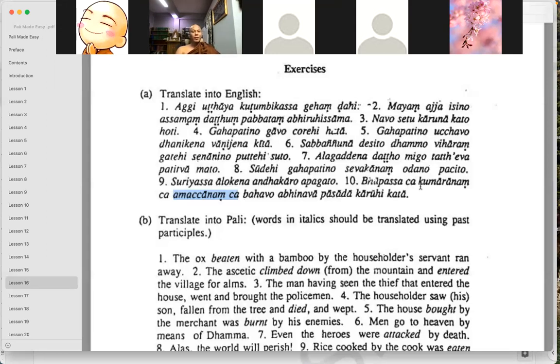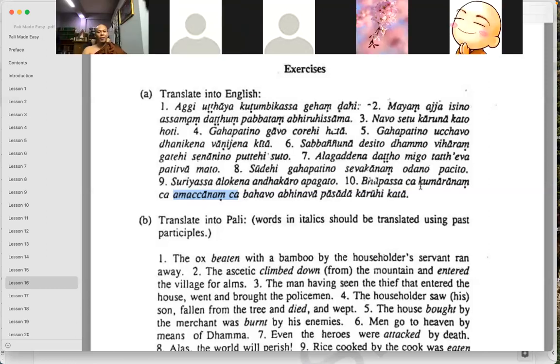Okay, so Sally. Based on the previous question, let's say the palaces are built for the kings, the princes and the ministers.